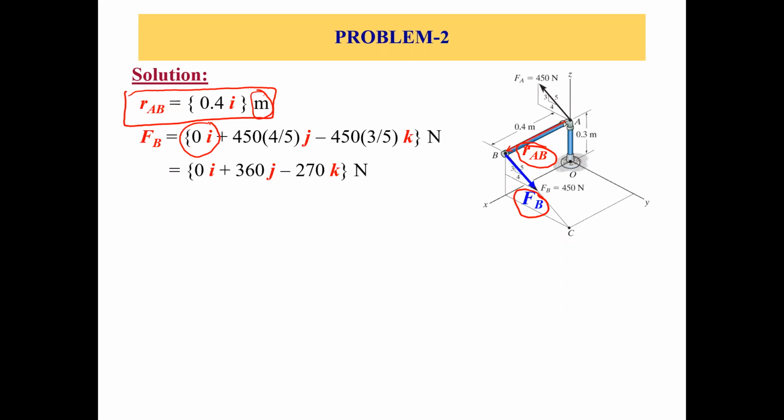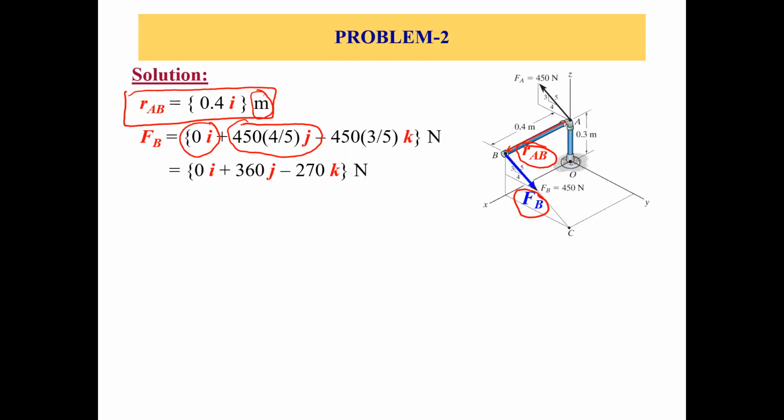What is the y component? Just resolve this force FB into two components, y component and z component. So what is the y component? 450 times 4 by 5, so we'll have 450 times 4 by 5 times j, and it's positive because it's in the positive y direction. Then what is the z component?